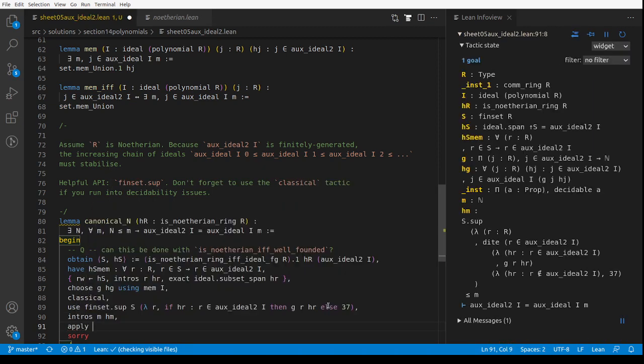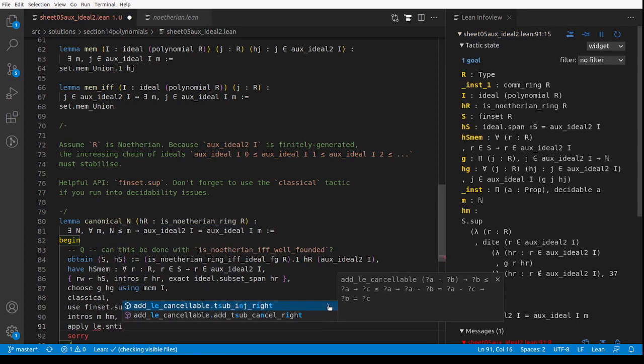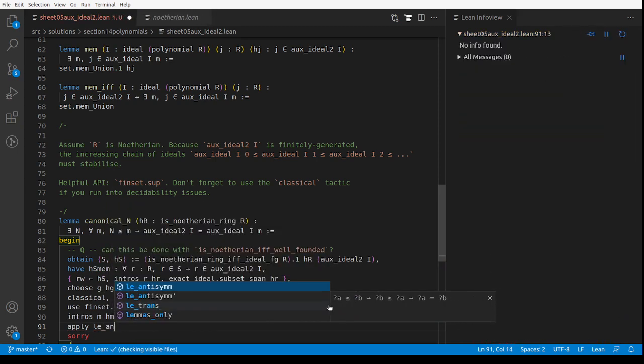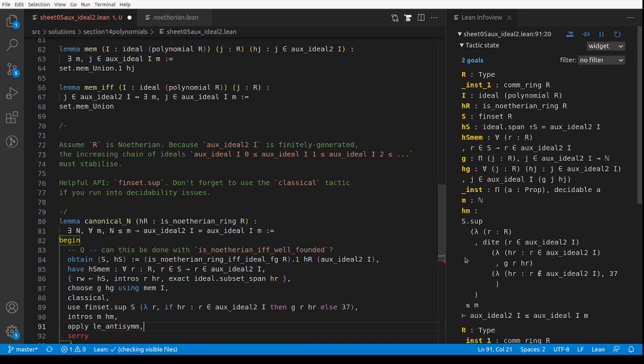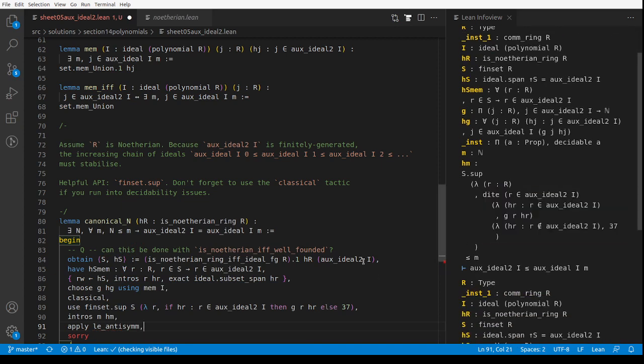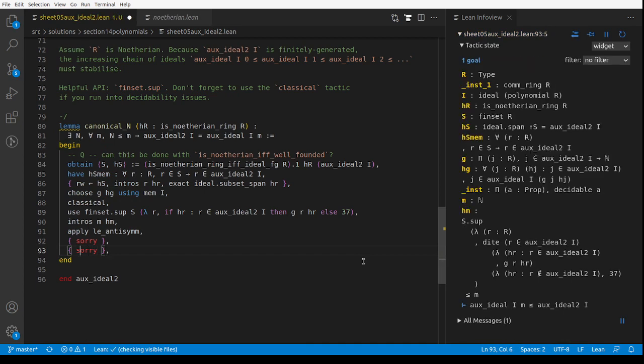apply, we want to prove inclusions in each direction, right? So that will be le_antisymm, or is it le underscore antisymm? Yes. So now we've got to prove both directions. The first one is the hard direction, and the second one is just the inclusion.